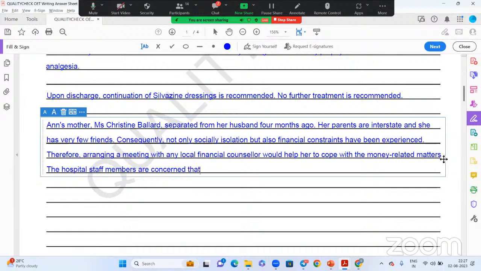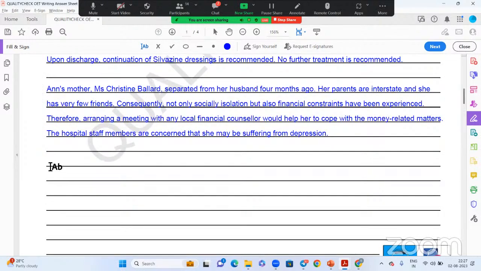Concerned that she, who is she? Anne's mother, not Anne. She may be suffering from depression. So this is how you can improve your quality. Next, we'll go to the next paragraph.